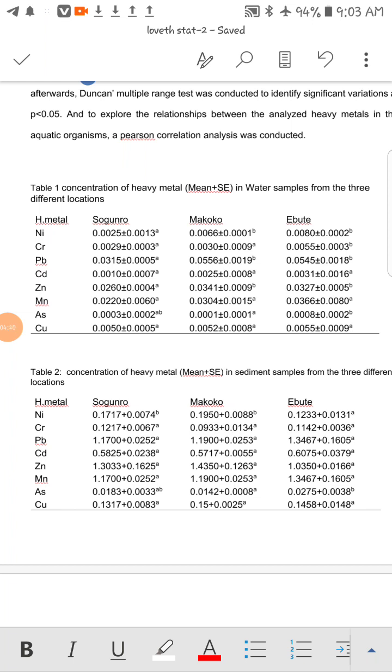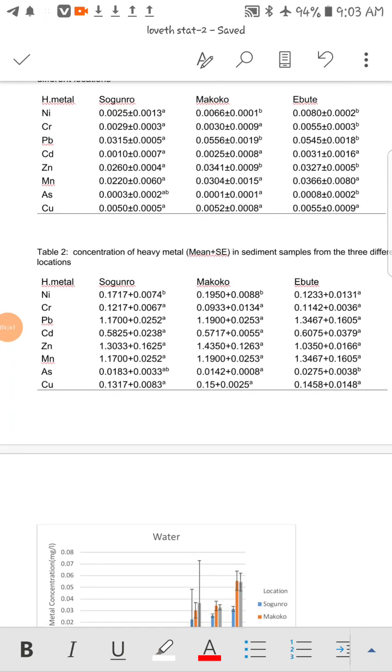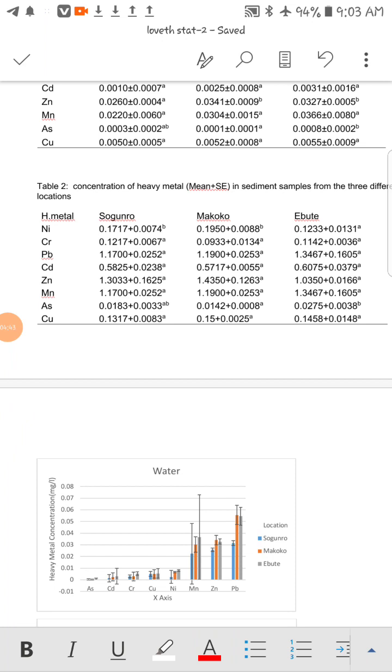But Makoko and Ebute are different from one another. That is, the concentration level of arsenic in Makoko and Ebute is different. So that is how you explain the Duncan significance level.